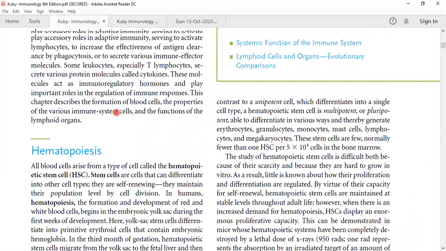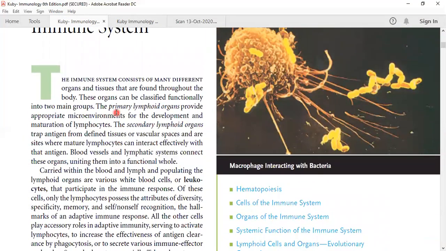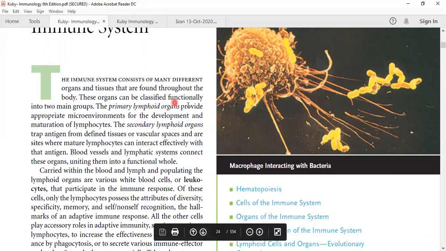Now, we can divide all the organs or the tissues of immune system. So the immune system consists of many different organs and tissues that are found throughout the body. All right, because these tissues and organs are present in our body. These organs can be classified into two main groups. One are known as primary lymphoid organs, providing the appropriate microenvironment for the development and maturation of lymphocytes.